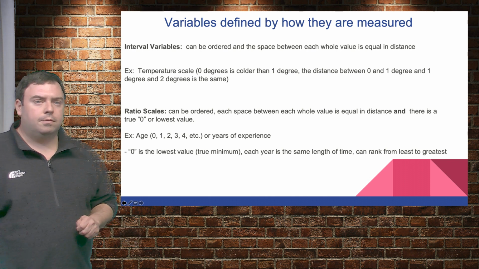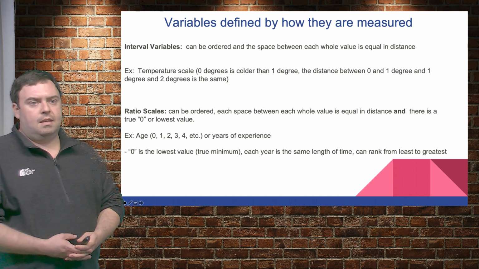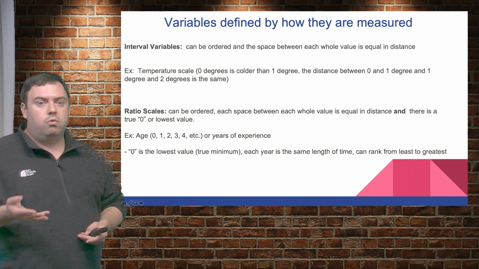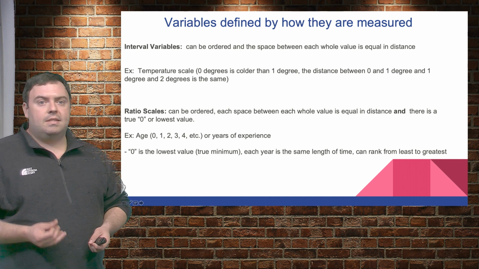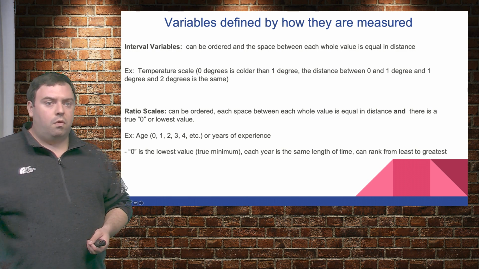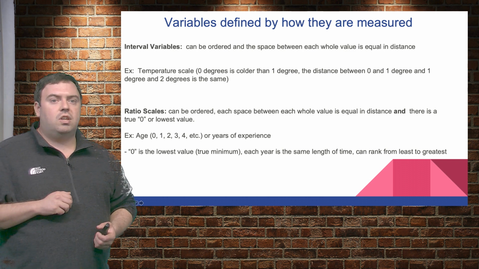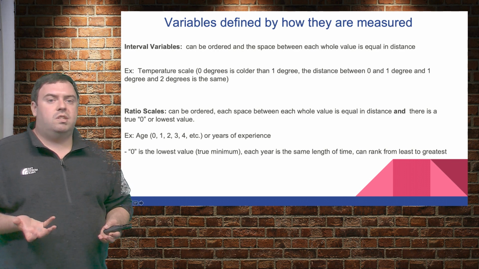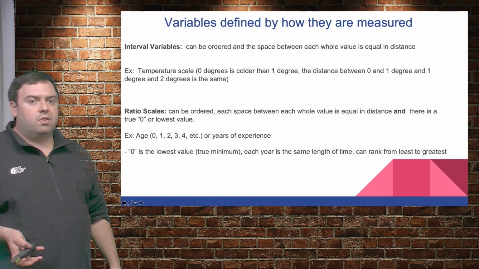A ratio scale, on the other hand, is similar to interval variables in that it is ordinal. You can make an order from least to greatest. It also has an equal space between each value. So it has the qualities of ordinal variables and interval variables. But ratio scales are unique in that they actually have a true zero. So there's actually a minimum value, a lowest value. A good example of a ratio scale could be age or years of experience.